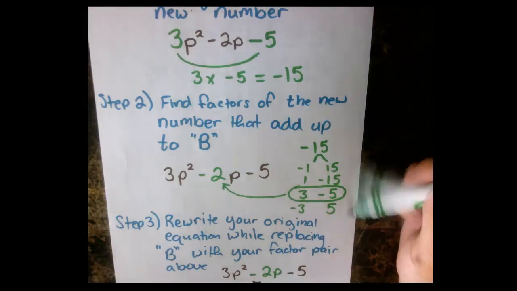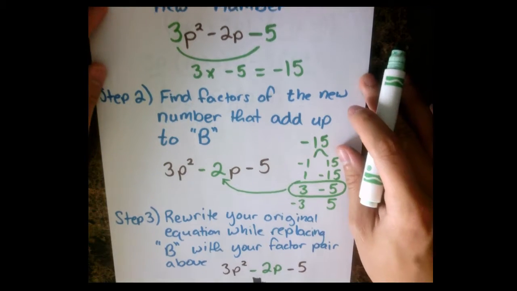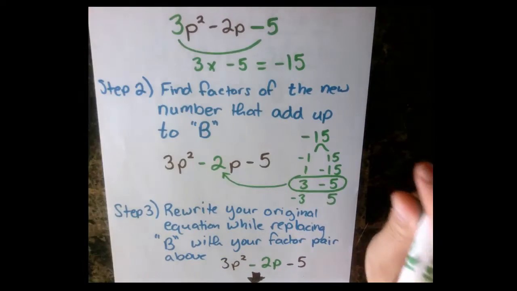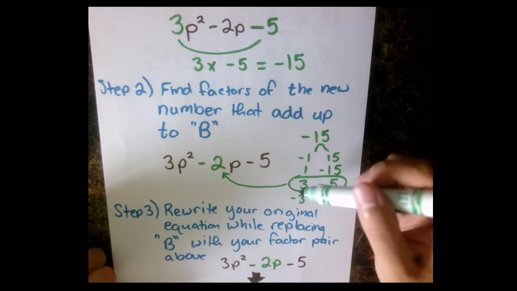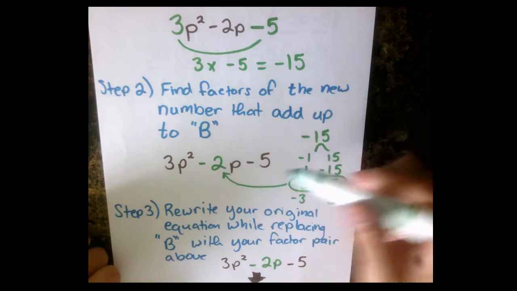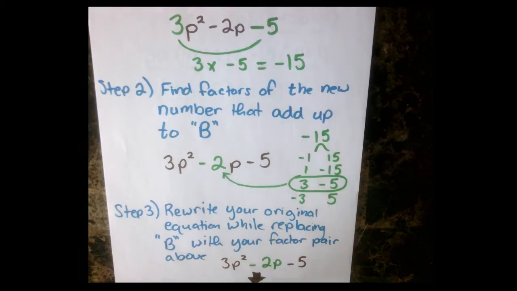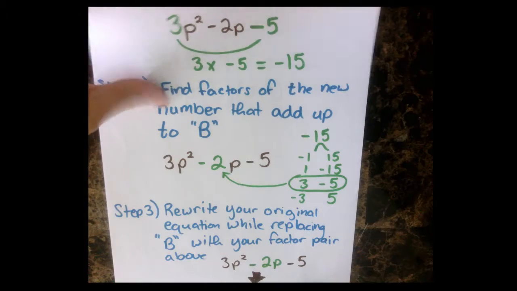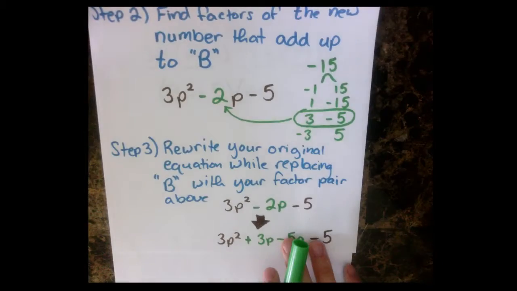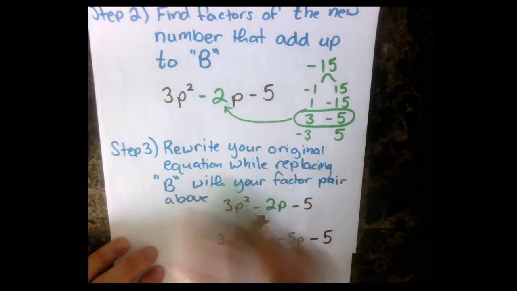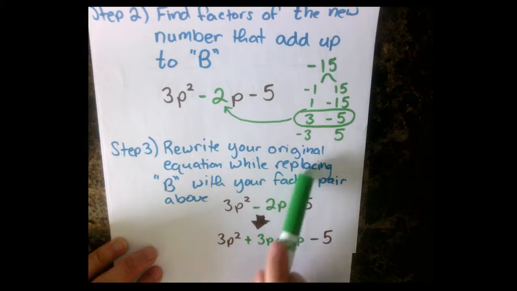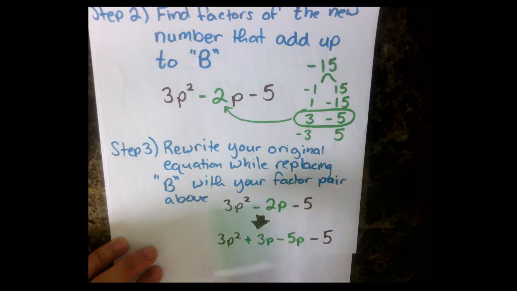Alright, I'm actually going to keep it on this page because I realize this page is organized really well, and I planned that out a lot better than I thought I did. Okay, so 3 minus 5 is that negative 2, and that's what we're looking for. So this is our new pair. This isn't too different from anything we've done thus far, but here's where it's going to change a little bit. What you're going to do is rewrite your original equation while replacing b with your factor pair above.